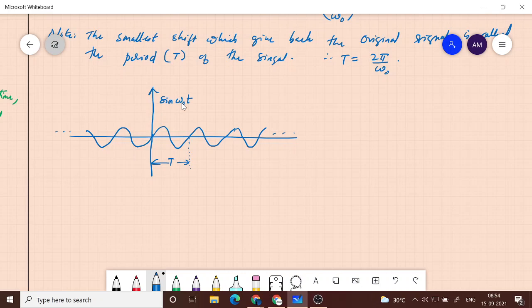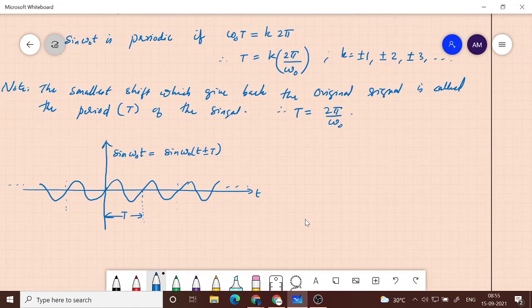If you shift to the left, it will come here, and it is the same. You can't distinguish it. This is the same as sine of omega 0 t plus or minus capital T. Any integer multiple of capital T, if you shift it, you will get back the original signal. So there is no way you can distinguish between the original signal and the shifted signal by the period, either to the left or to the right.